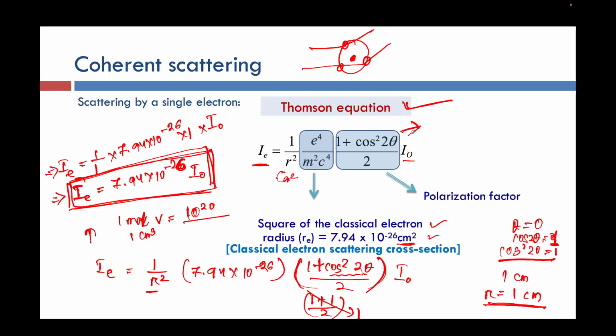Because here the mass of one electron, if you consider the mass of proton, is 1836 times lower than the mass of proton. And similarly the same thing applies for neutron.